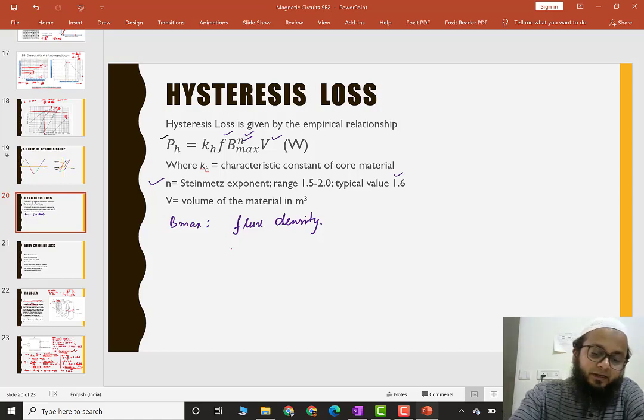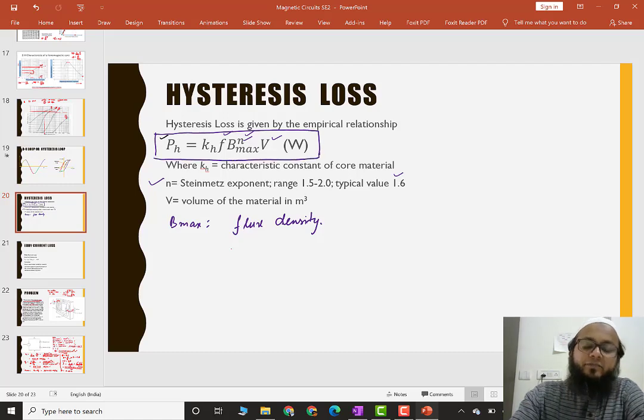So this is the empirical relation to find the hysteresis loss in a ferromagnetic core whose volume is V.